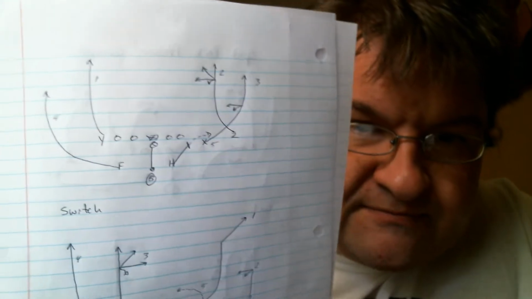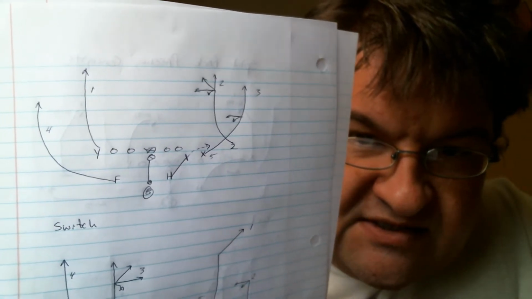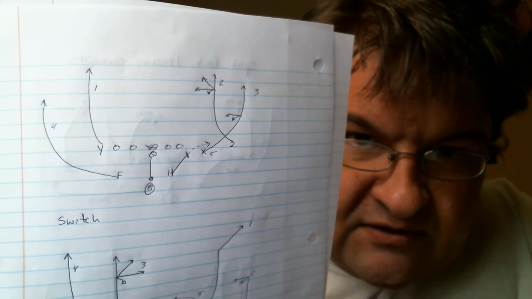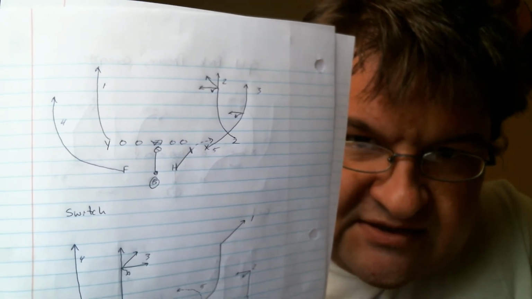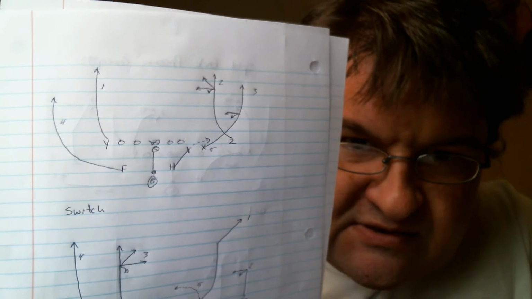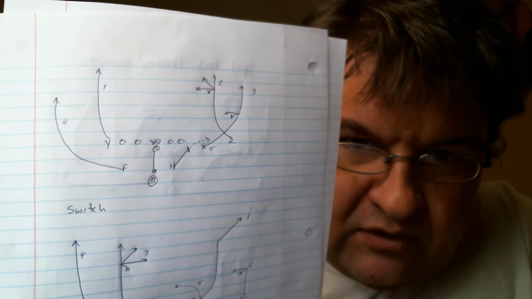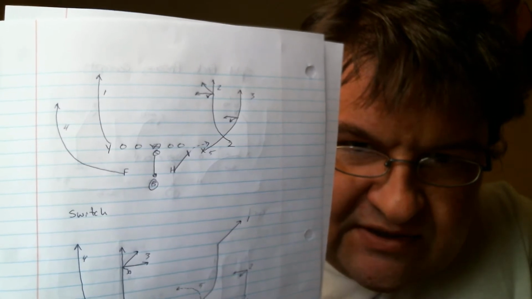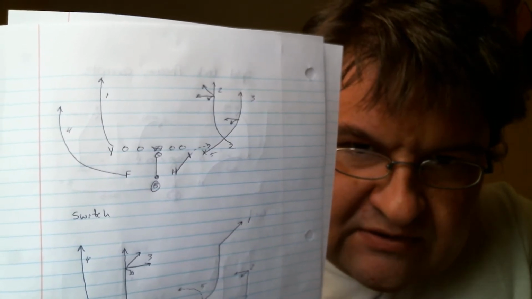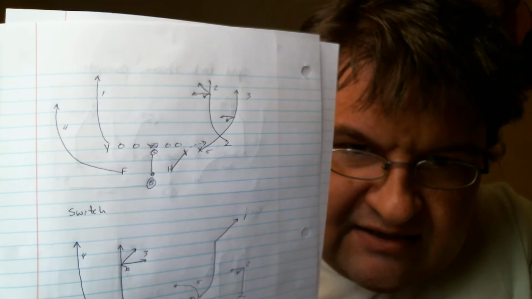Your switch route. Z is the attacker on the switch. He takes the inside release and he makes his decision at 10 to 15 yards. X is going to run off his butt and run a wheel choice route. At 6 to 8 yards, he's going to hook it up and break it across, or he continues up the sideline on his wheel route.